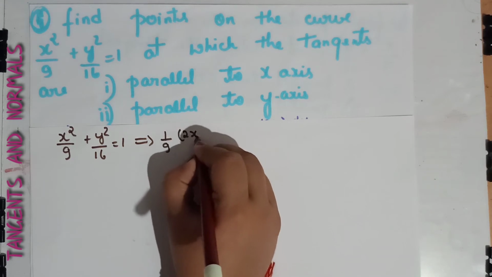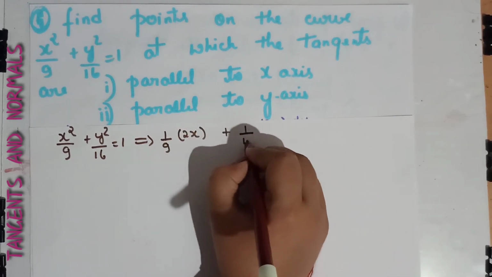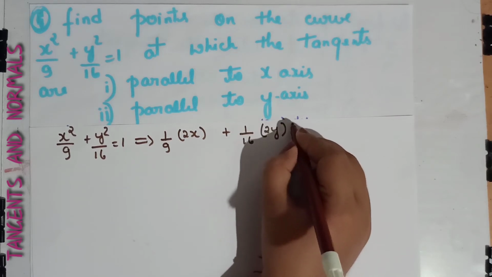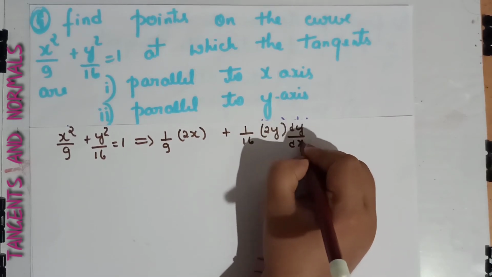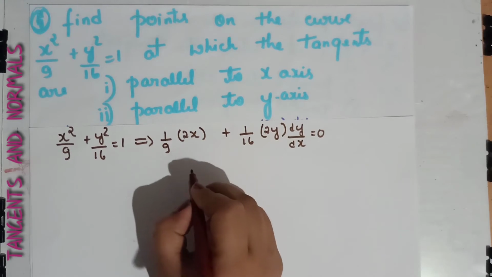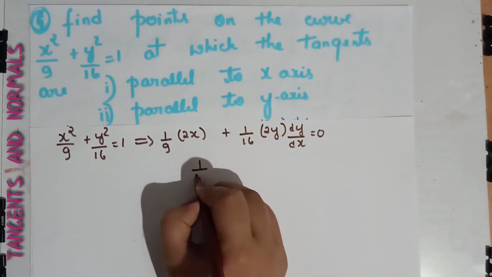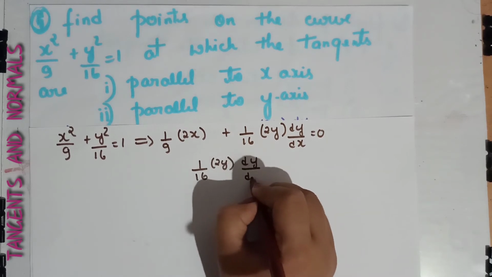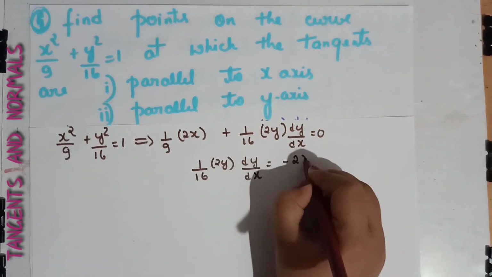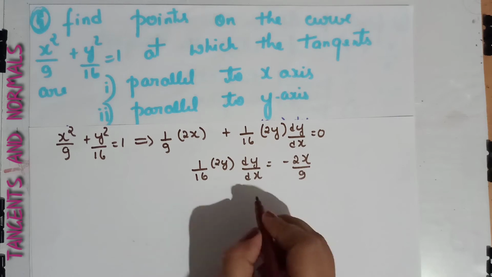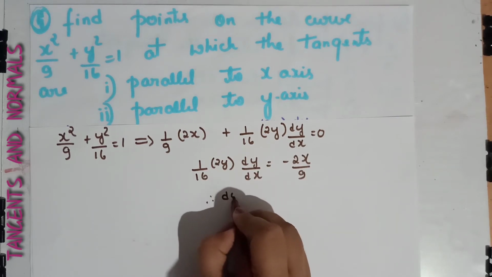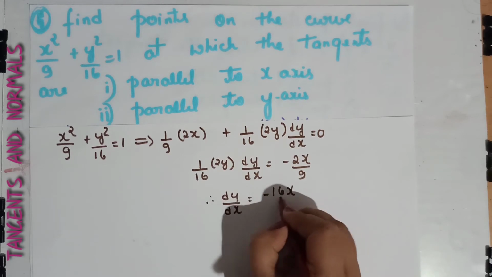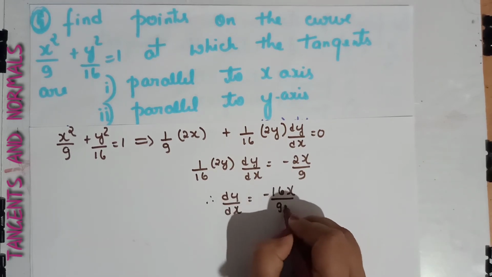Differentiation of x square will be 2x, plus 1 by 16 will be the constant. Differentiation of y square is 2y into dy by dx equal to 0. So 1 by 16 into 2y dy by dx is equal to minus 2x by 9. On simplifying, dy by dx will be equal to minus 16x by 9y.